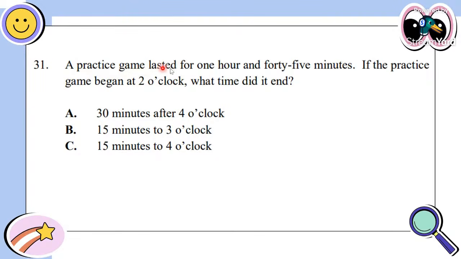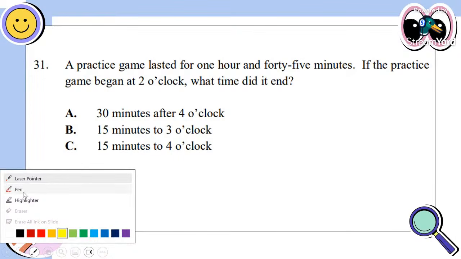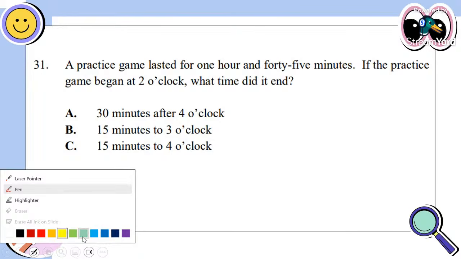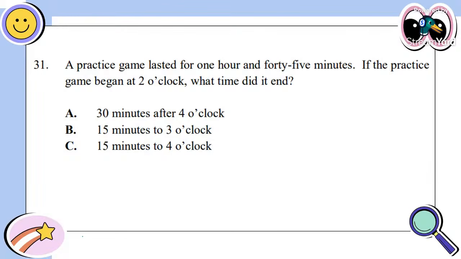A practice game lasted for 1 hour and 45 minutes. If the practice began at 2 o'clock, what time did it end? So let us make sure we have shown the important information, whether we put a circle around it or a line. 1 hour and 45 minutes, that's how long this game was.